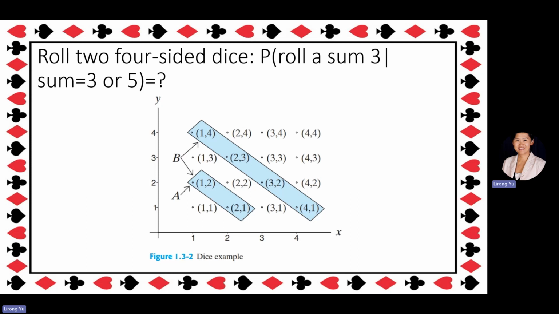You roll two such dice. One die will have an outcome of 1, 2, 3, 4. The second die would show 1, 2, 3, 4. So altogether, if you think about how many outcomes are possible when rolling two four-sided dice, the number will be 4 by 4. There are 16 possible outcomes.